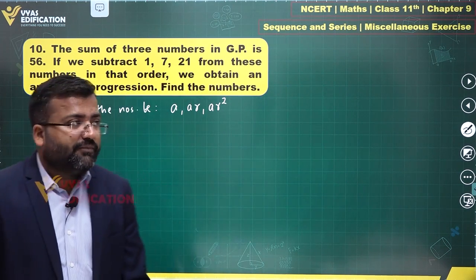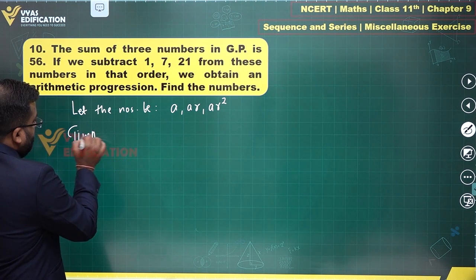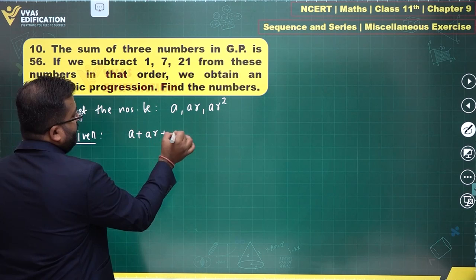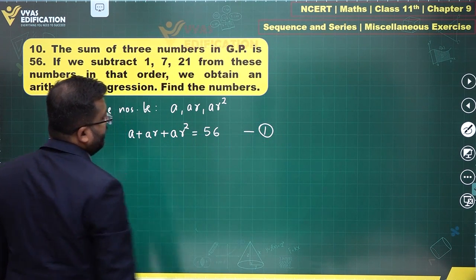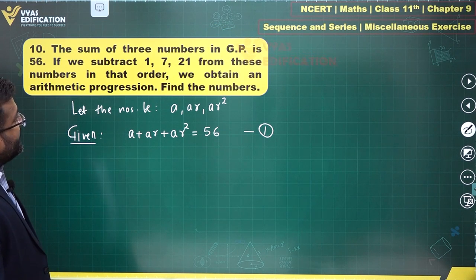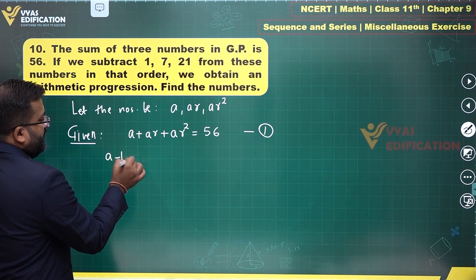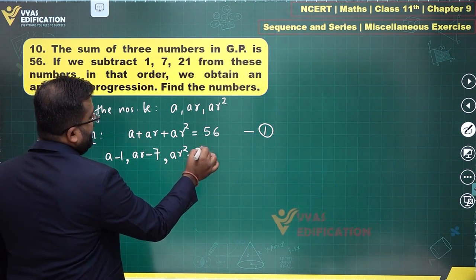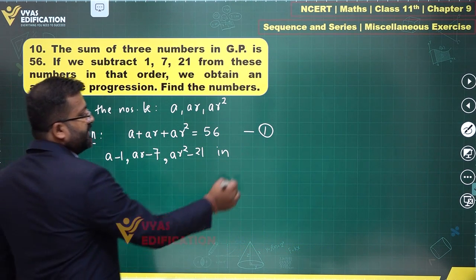So condition number 1, what is given is sum: A plus AR plus AR square is equal to 56. That's one condition. If we subtract 1, 7 and 21 from these numbers, that is A minus 1, AR minus 7, AR square minus 21, these numbers are in arithmetic progression.